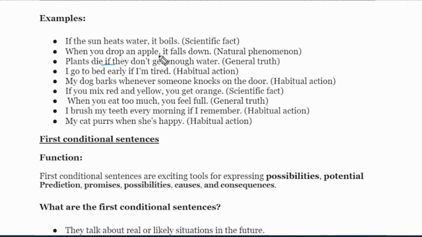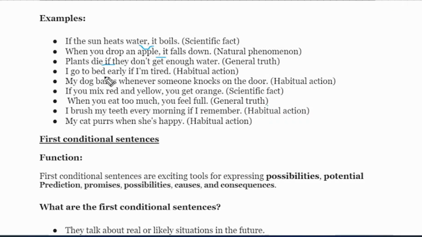In the third sentence we do not use a comma, because we put if in the middle, so the comma is omitted. Plants die if they do not get enough water: general truth.